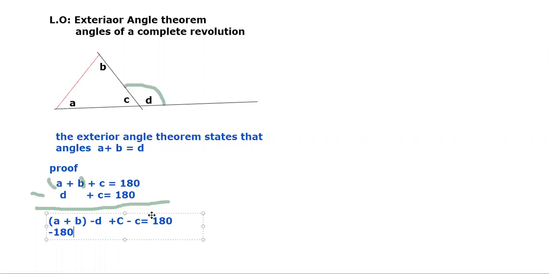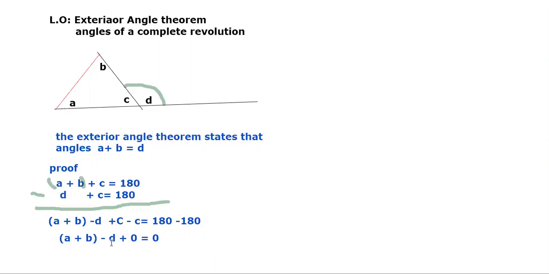So this will lead us to this: this is 0, this is 0. So we'll remain with A plus B in brackets, don't forget the bracket, minus D plus 0 equals 0.